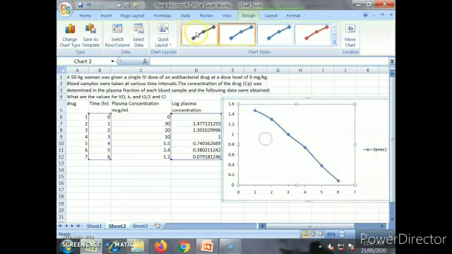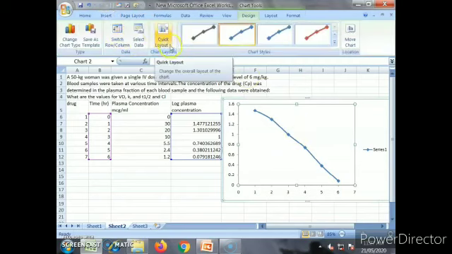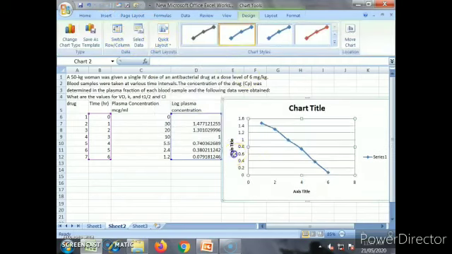So at the y-axis is the log of plasma concentration versus time. So this time will be in hours.